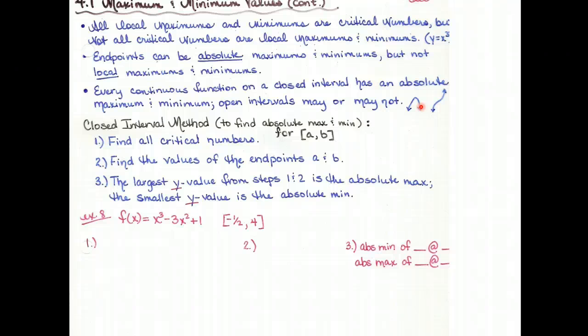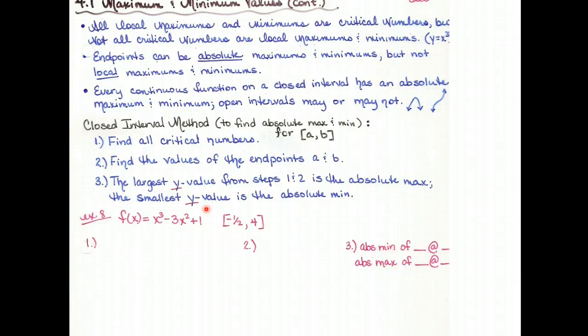So step by step, number 1, find all your critical numbers. Number 2, find the values of your endpoints, and then compare them in step number 3. The largest y value is going to be your maximum, and the smallest y value is going to be your minimum. So example number 8.